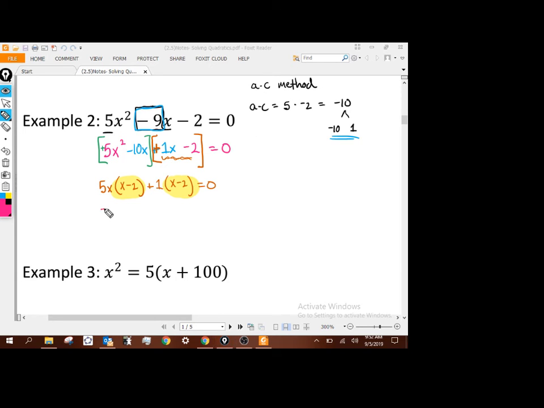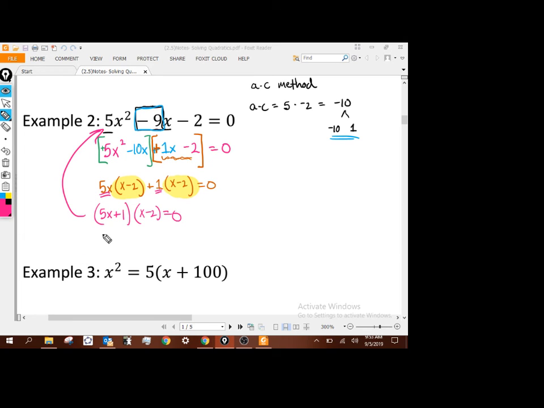And what we end up doing is we write 5x plus 1. So it's these essentially factors of the individual components. They become an individual factor. And what's my other factor? X minus 2. If I was uncertain about whether this was correct, could I FOIL that and see if I get back to what I started with?